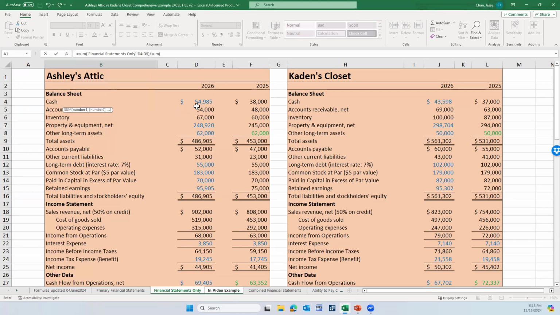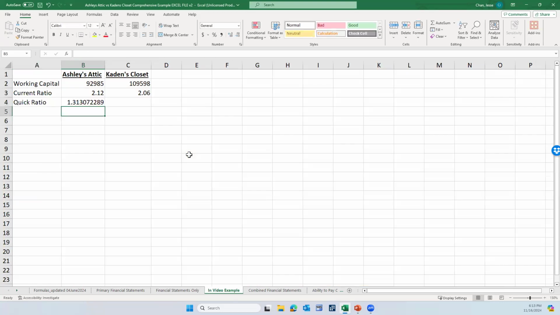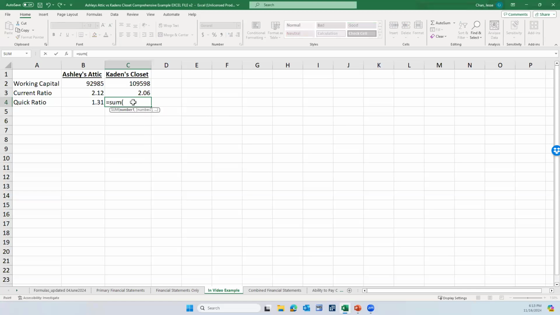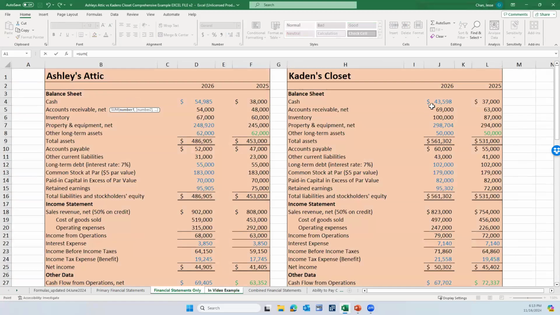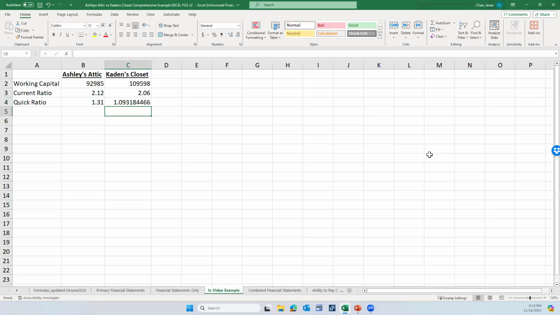And we will divide it by current liabilities, that's the sum of accounts payable and other current liabilities for 2026. Ashley's Attic quick ratio looks like approximately 1.31. We will repeat the same for Kadens Closet, and we will get a ratio of approximately 1.09.